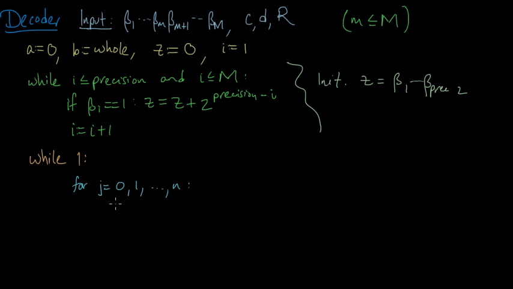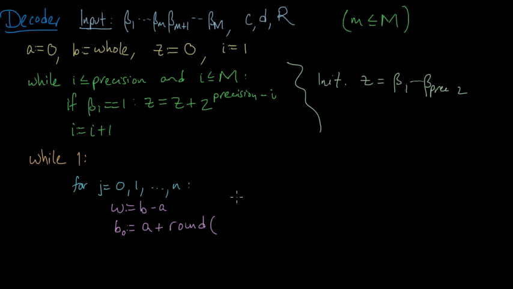We're going to consider each possible source symbol as the next possible symbol to be decoded, and we will do the following operations. Like in the infinite precision case, we set W to be B minus A, and we consider the B and A corresponding to that next possible symbol.